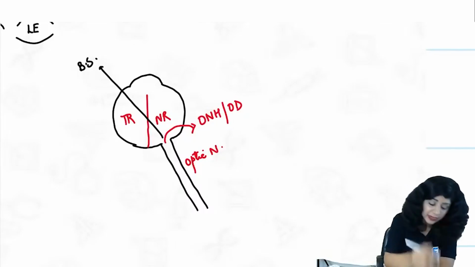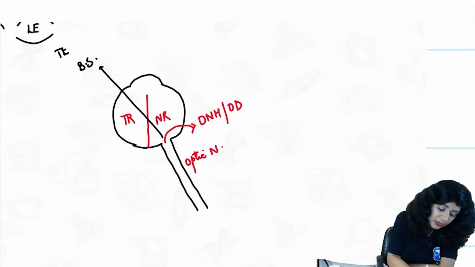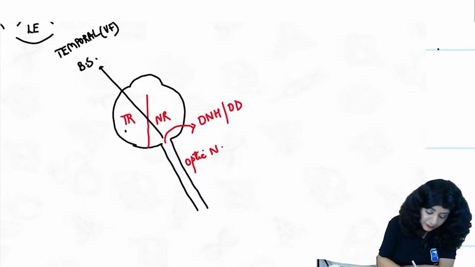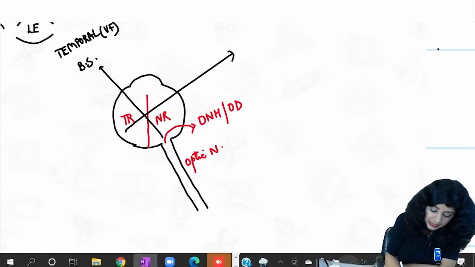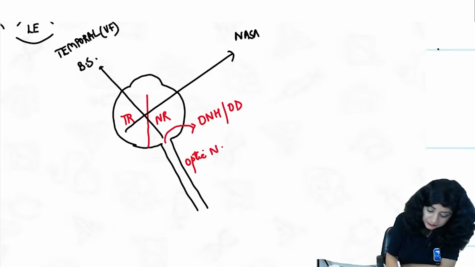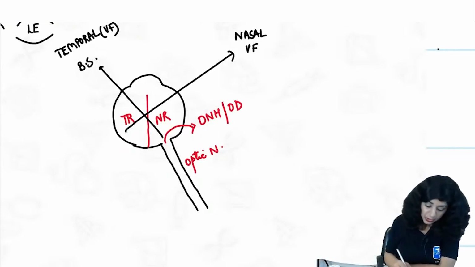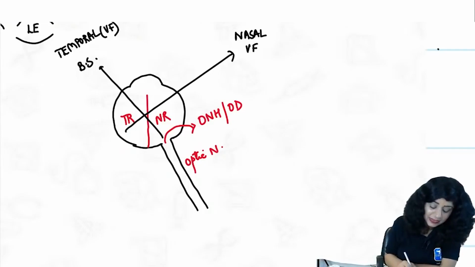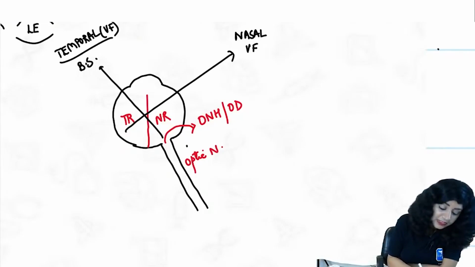in the opposite field. So this will be your temporal visual field, while this temporal retina will be going towards the nasal visual field. Okay? So whenever we are having the blind spot, it is always in the temporal field.